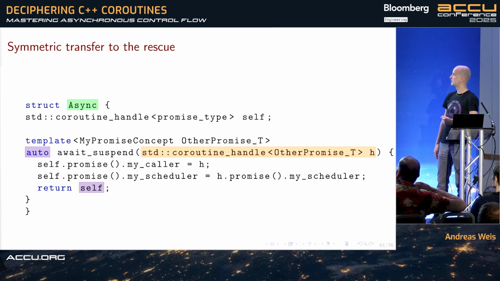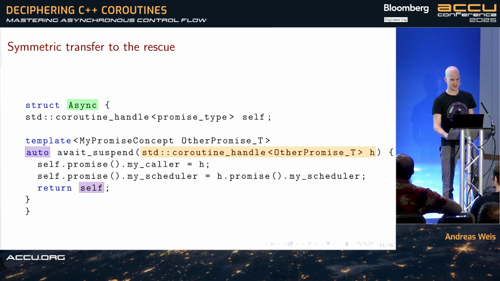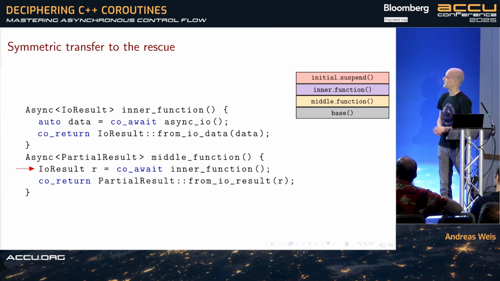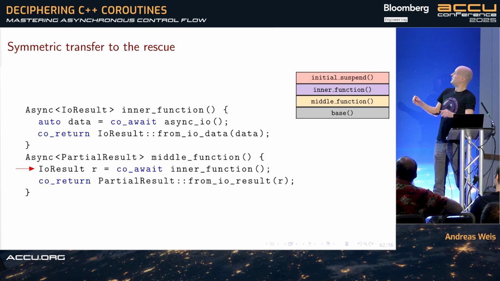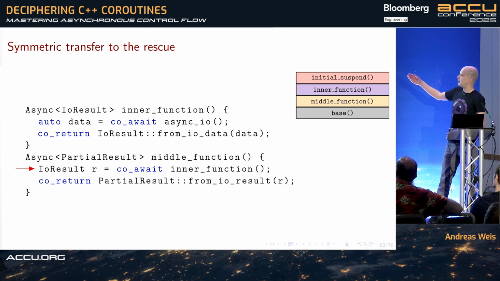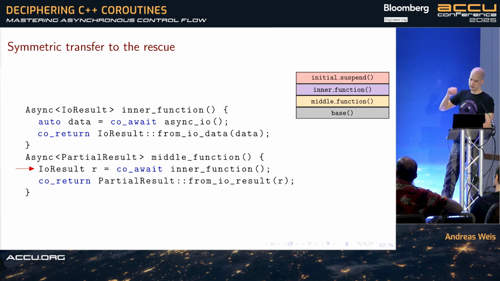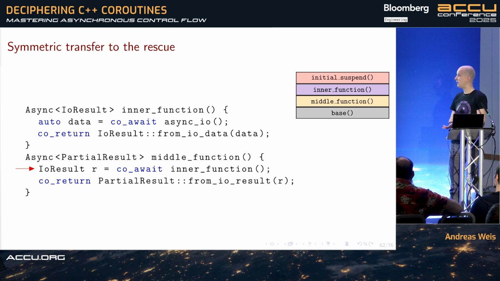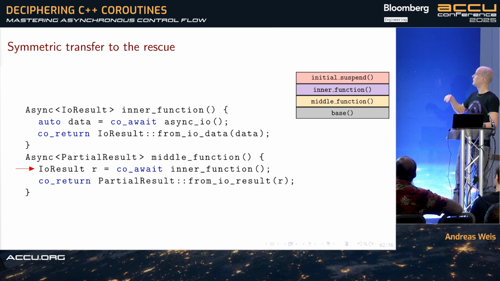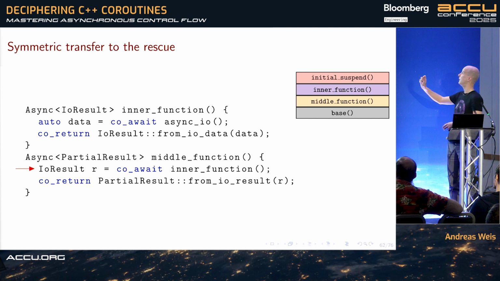So let's walk through this dance, since it's weird, but it actually makes sense. This is what we want to do. We are in the middle function, right? We call inner function for the first time.